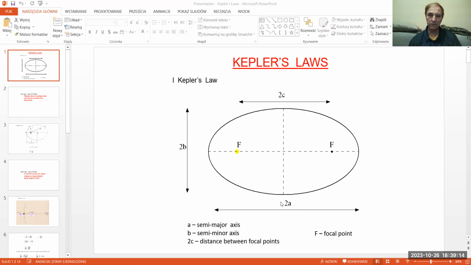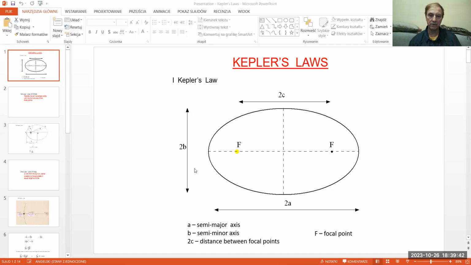Another characteristic is the semi-minor axis. If so, we speak also, of course, about the minor axis. The minor axis is the line from this point to this point, and is marked by 2b.